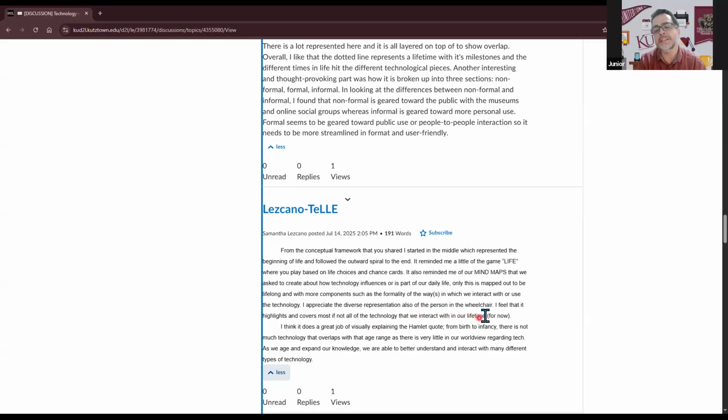I did do this intentionally. Thanks for noticing that. And it's not only permanent disabilities. I did this also to remind us that we also become disabled throughout our lives, right? We have to wear a cast on our legs because we broke a bone or whatever. So life happens.